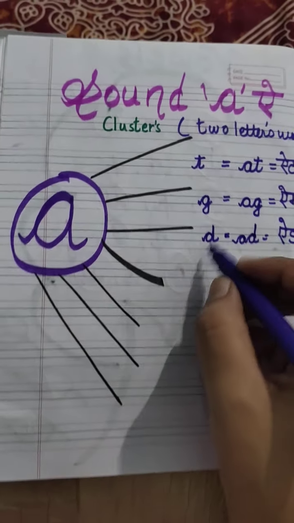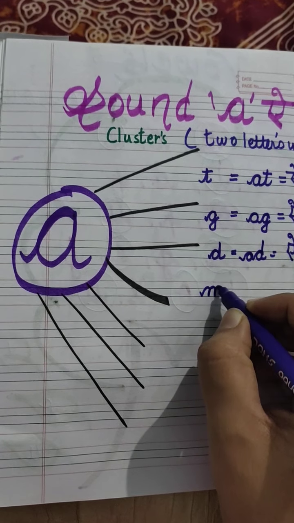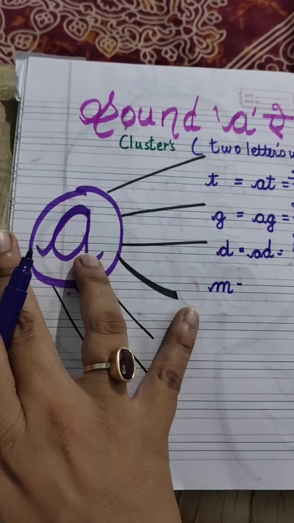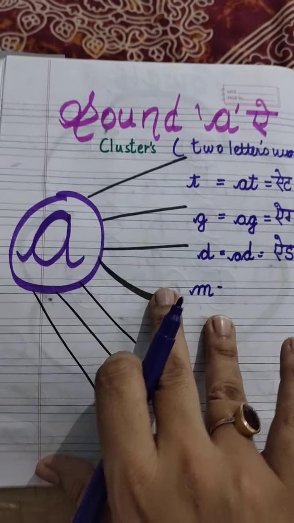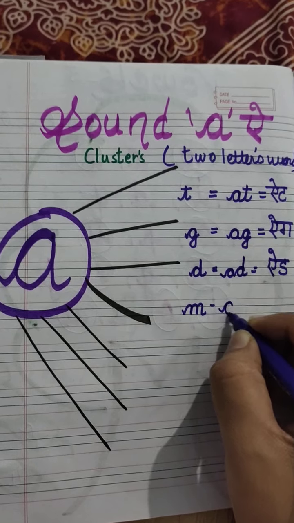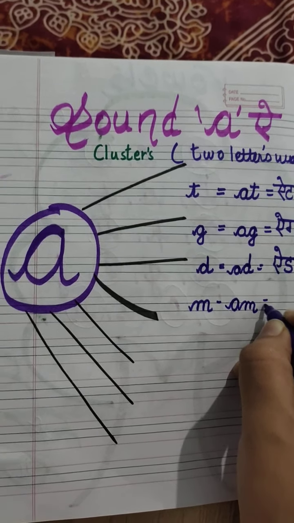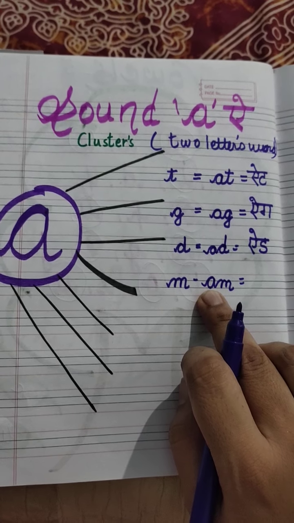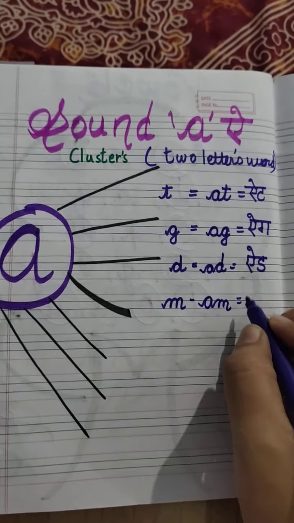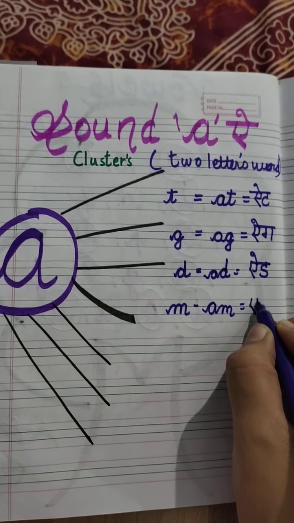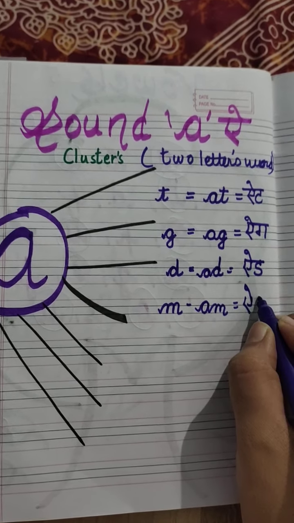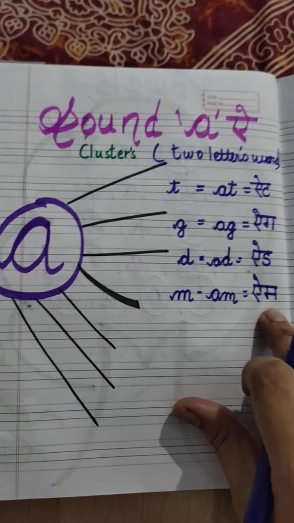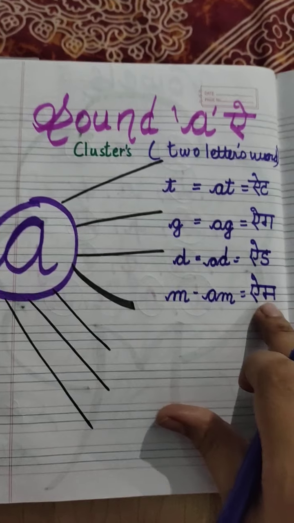Now we will take the next consonant M. We have to again join this vowel and this consonant. Now this becomes our cluster am. Why? Because the sound of letter A is A and the sound of consonant M is M. So these two make the sound am.